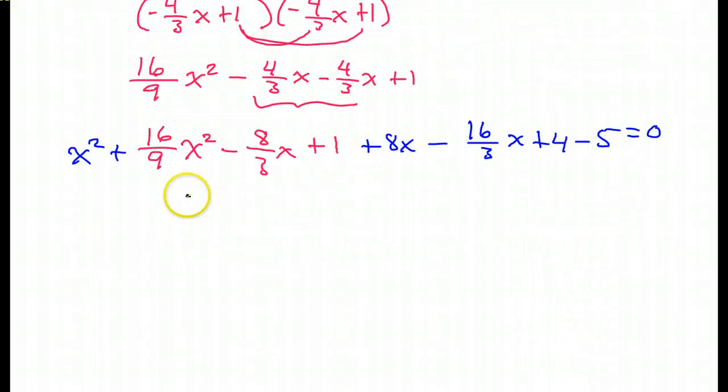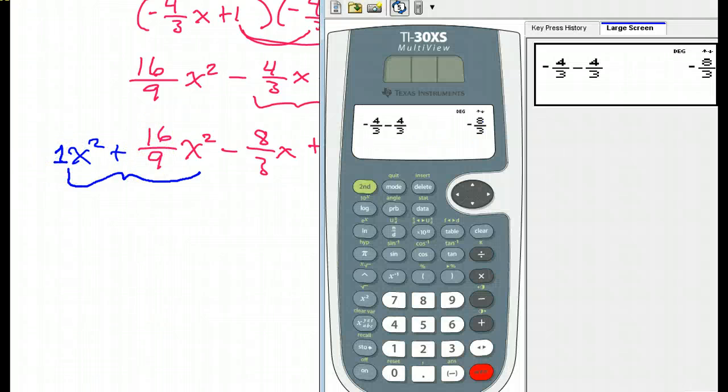So I'll clean this up as much as I can. Putting these together, treat this like it's a 1. So I'm going to do 1 plus 16 over 9. That's 25 over 9.